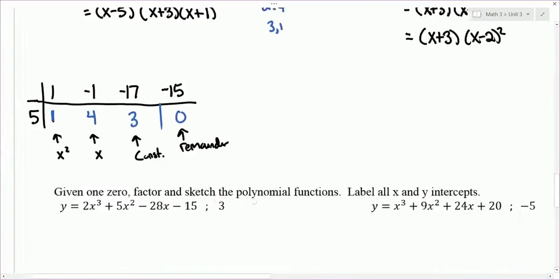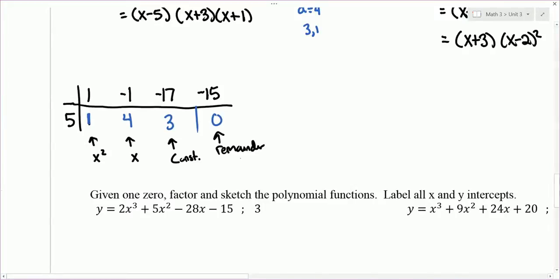As long as we're talking about a real number, a 0 is a root. A 0 is also an x-intercept if we're talking about real numbers. So it's saying that 3 is our x-intercept, or one of the x-intercepts, which means that x minus 3 is our factor.